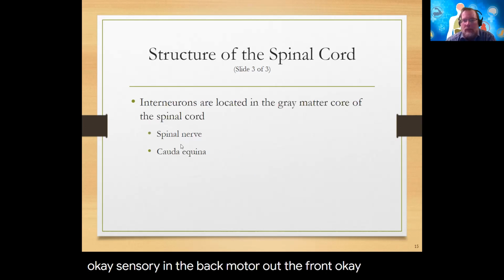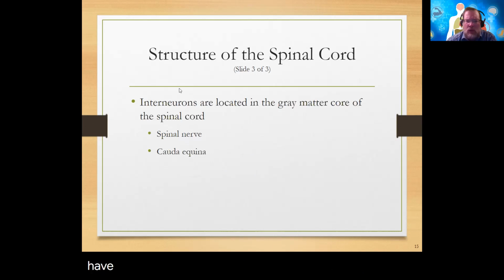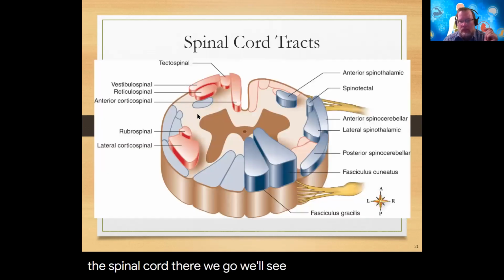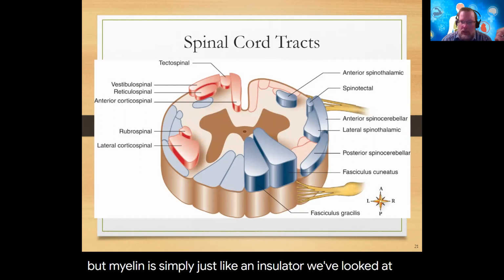We do have what are called interneurons as well when we look at the spinal cord. We'll see that the spinal cord is kind of surrounded with white matter. We call this myelin. We'll look at myelin in a little bit more detail next week, but myelin is simply like an insulator. We've looked at glial cells.